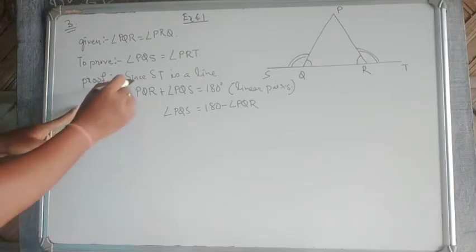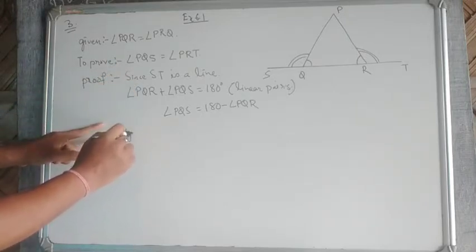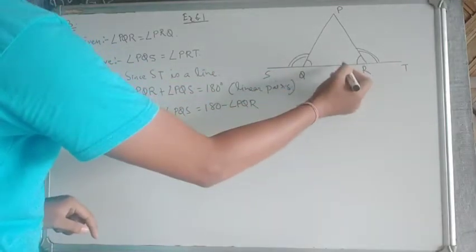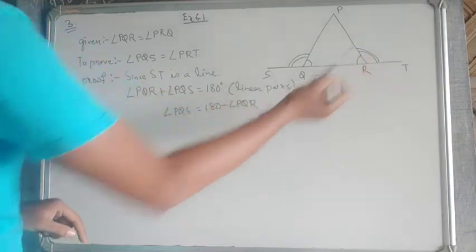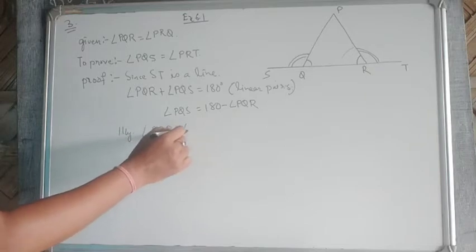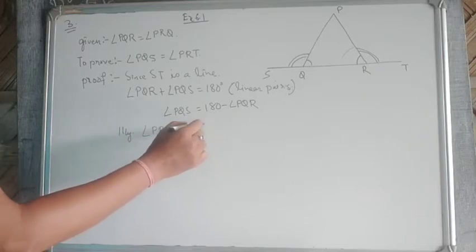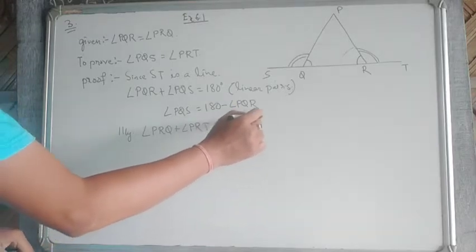Then again similarly, because ST is a line, this angle and this angle, the total angle is again 180. So angle PRQ plus angle PRT will also become 180. Why? Again linear pair.